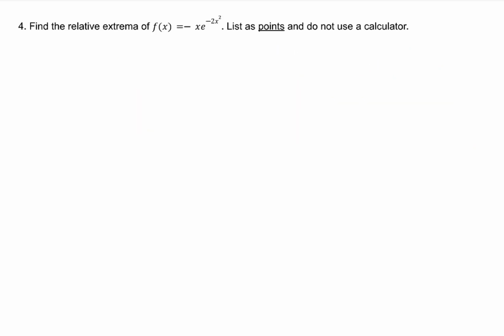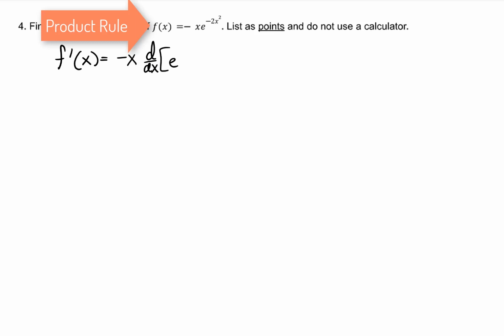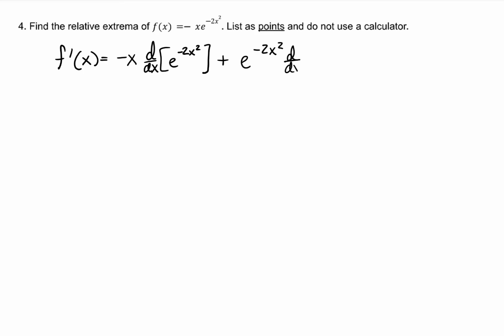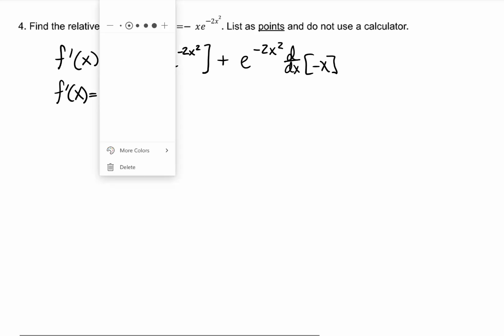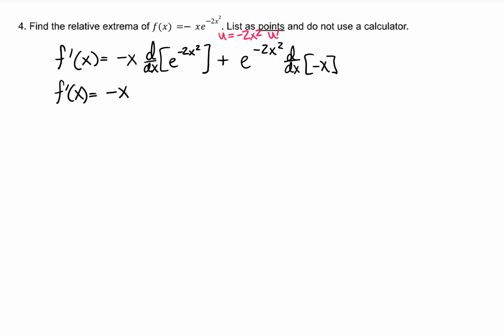For number 4, find the relative extrema, list as points, and do not use a calculator. For relative extrema, let's make an f prime number line. Continue simplifying.